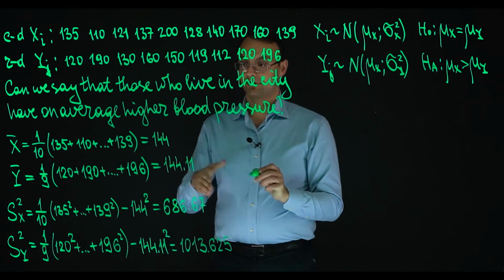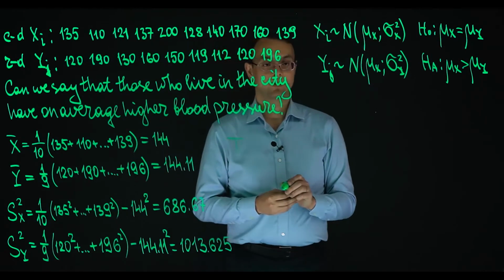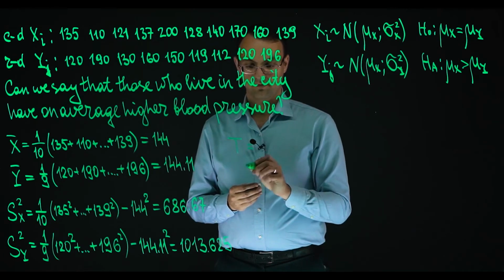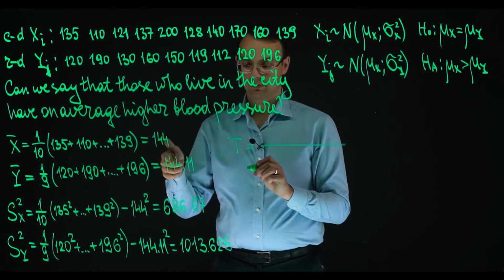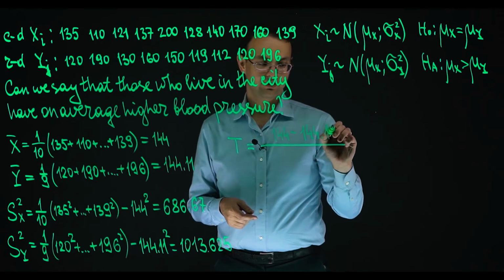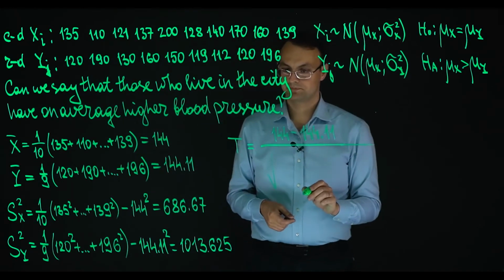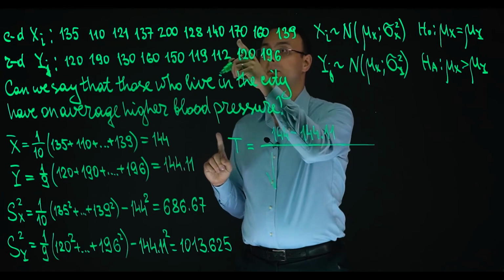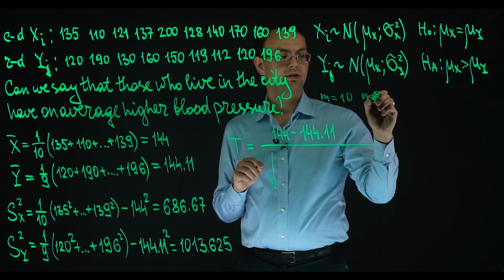Then, after this is done, the next step is to find t, the test statistic. So t is equal to the difference of sample means, so 144 minus 144.11, over a square root. So m is the sample size of the first sample, so here m is 10 and n is 9.